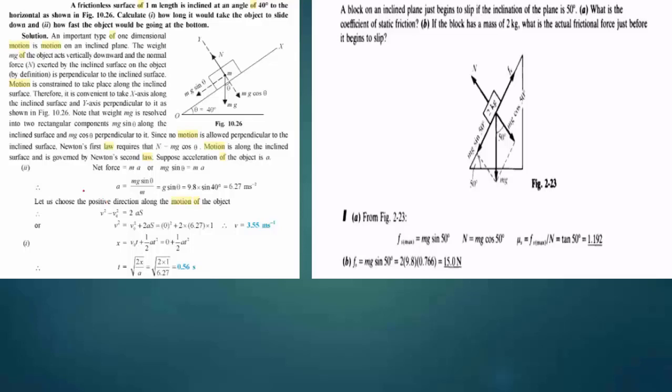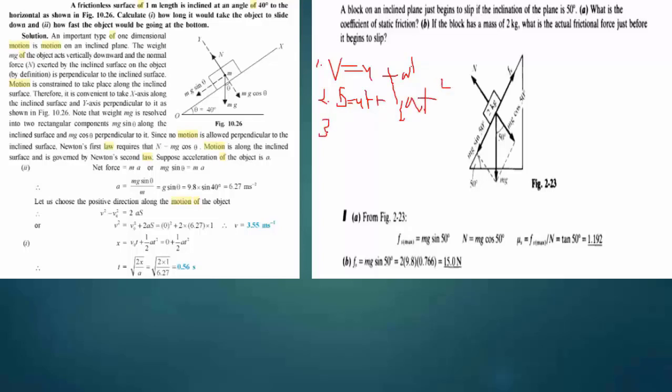Newton's equations of motion. So kwa kuzireview haraka tunakumbuka the first equation ilikuwa inasema v is equal to u plus at. The second equation ilikuwa inasema s is equal to ut plus half a t squared.